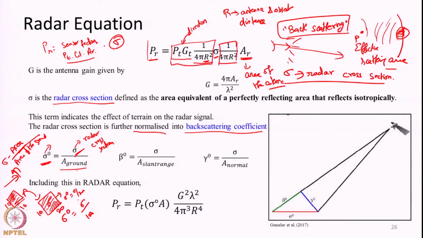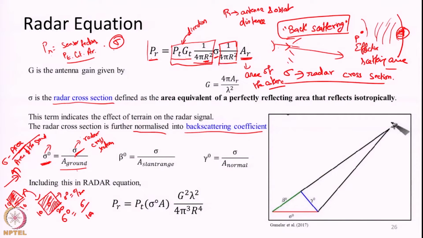We calculate what is known as the sigma naught, and area we can define in multiple ways. Normally the general convention that we use is the actual ground area of the pixel. Calculate the area from the actual horizontal dimensions of the ground in the x direction and y direction and use it; that we call sigma naught.